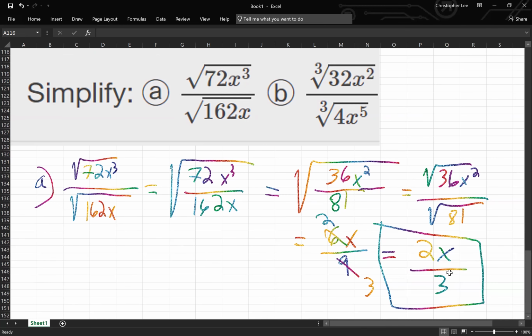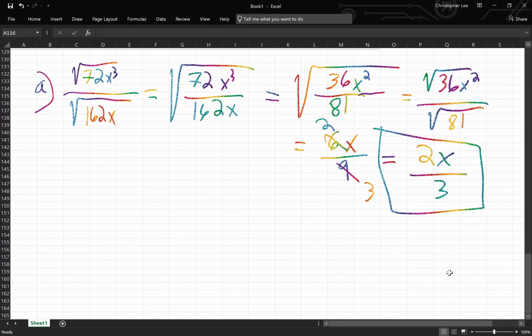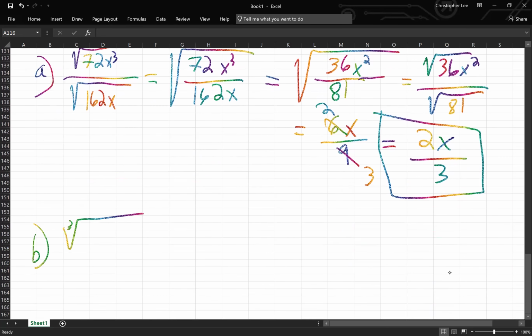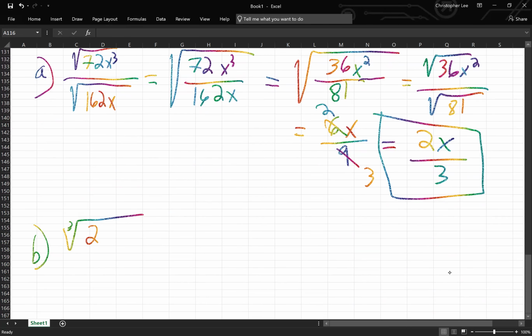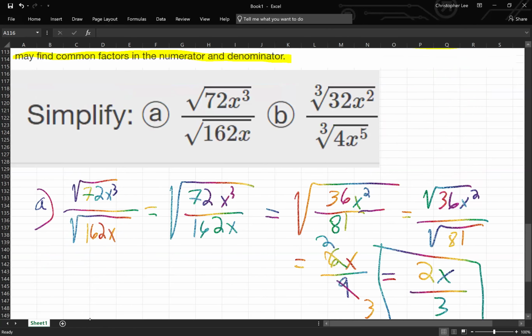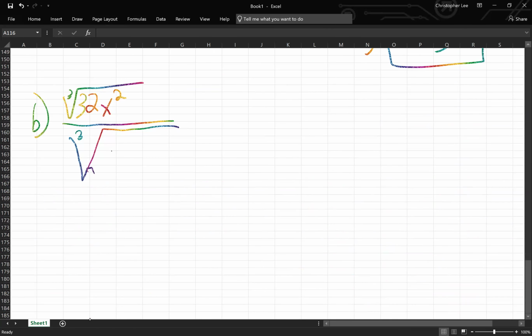Okay. Let's look at B. For B, I have the cube root of 32x squared over the cube root of 4x to the fifth.